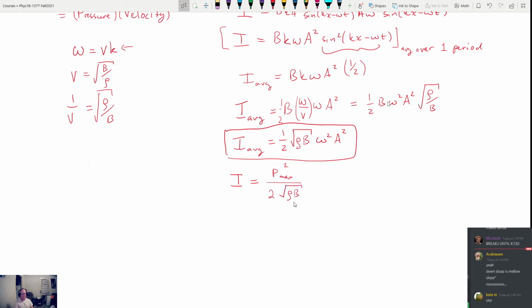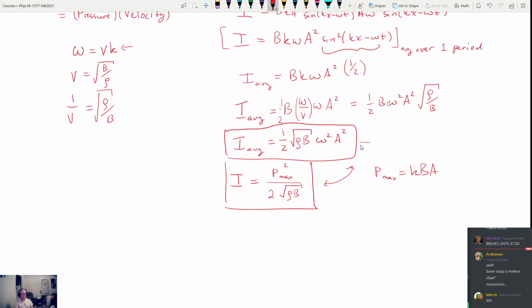And I believe it's pretty easy to go from here to here if you just say that P max is equal to kBA. You should be able to easily prove that this one turns into this one. I can see it pretty easily. I'll let you all do that yourself if you want to. So two different relationships, depending on what you know.